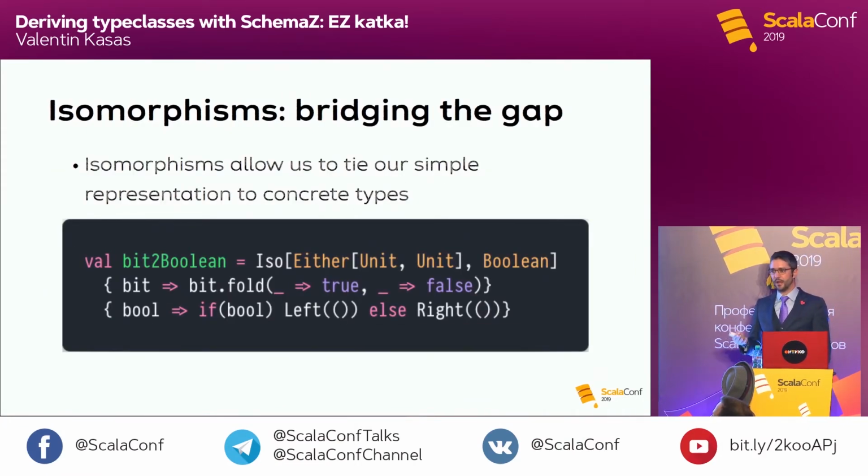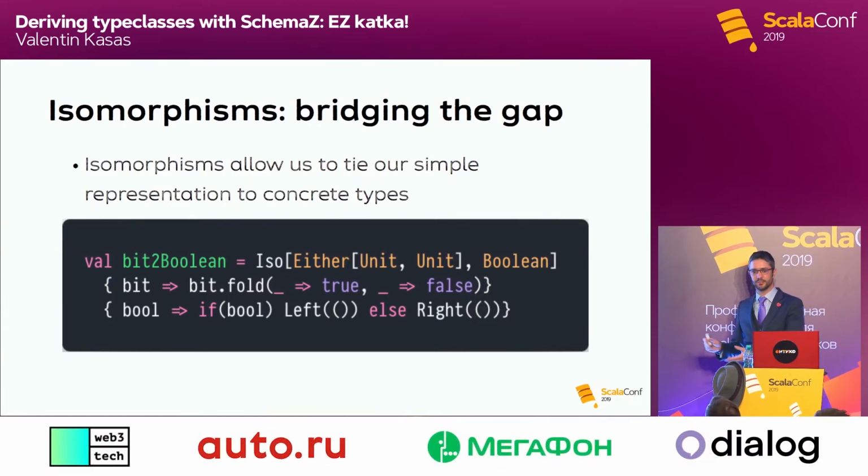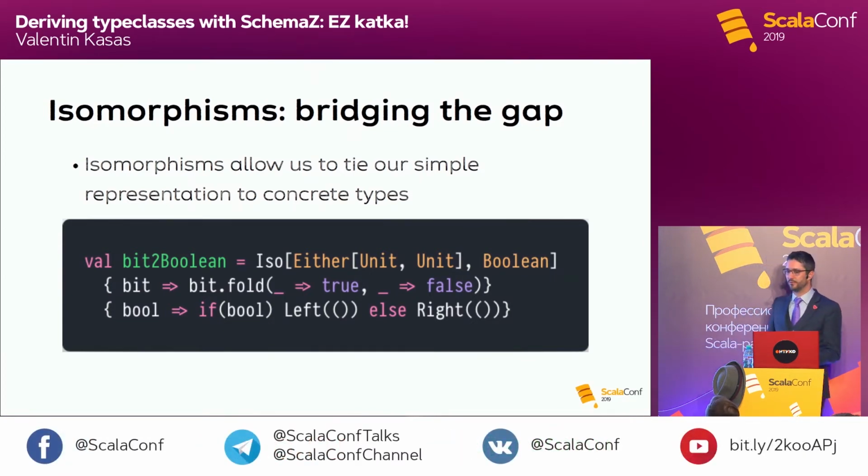And thanks to isomorphism, we are able to bind together this very simple but cumbersome representation to our concrete types. So for example, if I want to prove that I can represent booleans using either unit, I just have to provide an isomorphism, which is just a pair of functions that goes both ways.